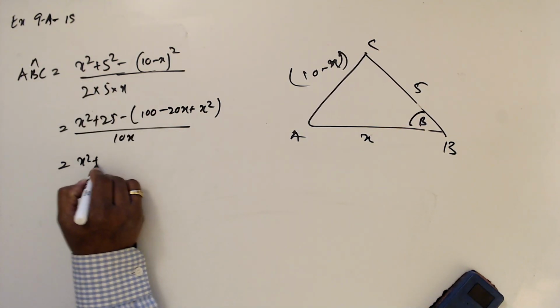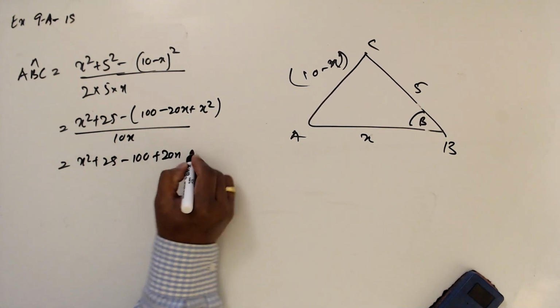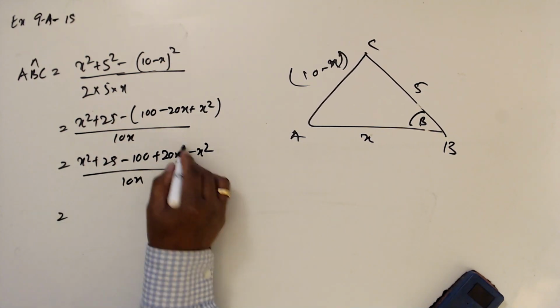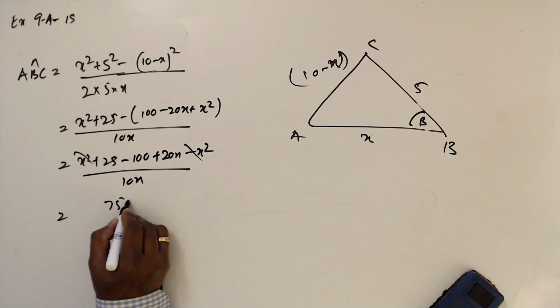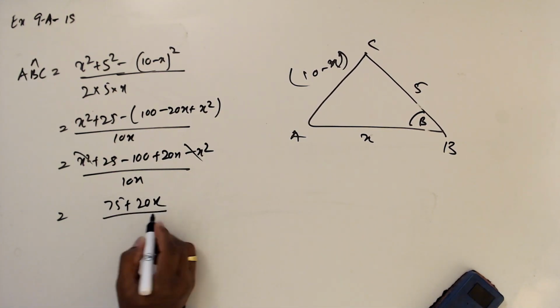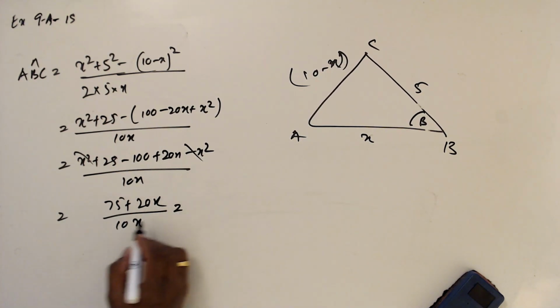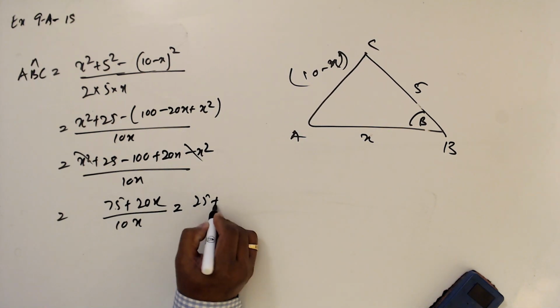So x square plus 25 minus 100 plus 20x minus x square over 10x. Now this is cancelled out, and this is going to be 75 plus 20x over 10x. I can divide by 5.